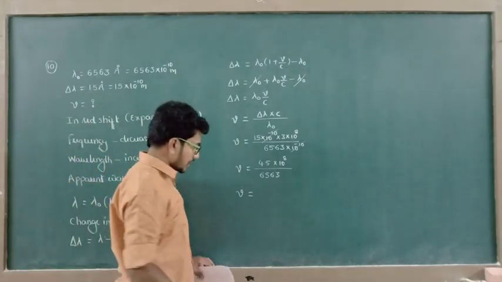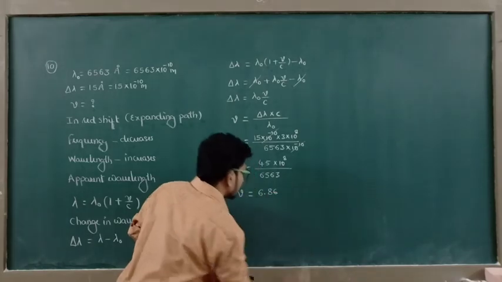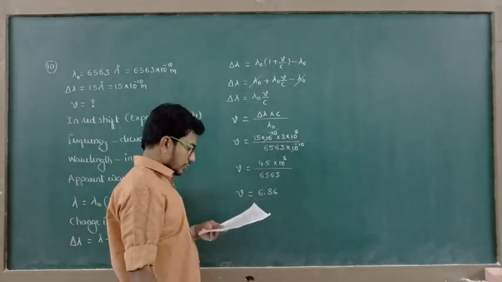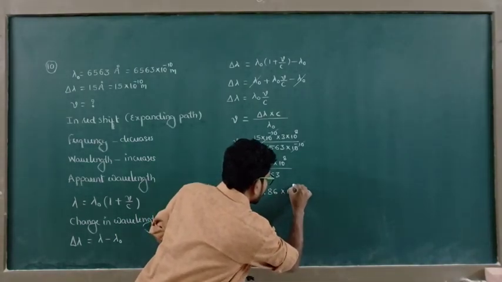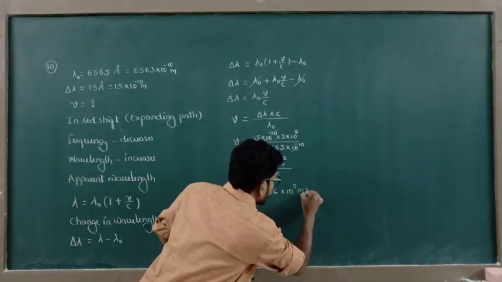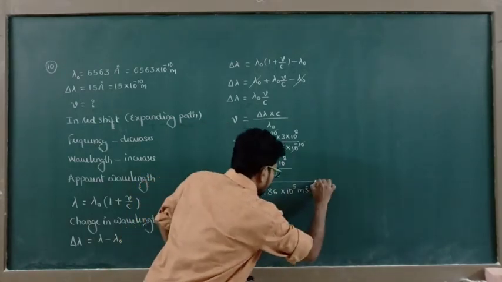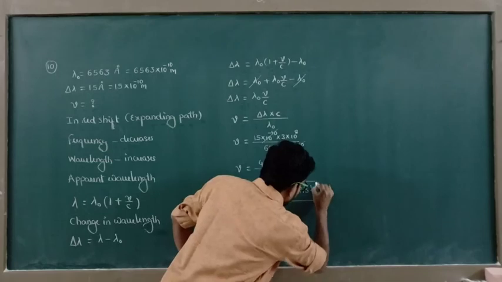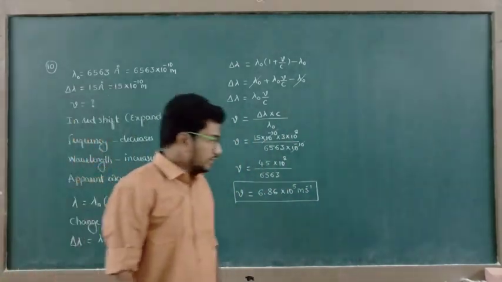So approximately here you will get 6.86 into 10 to the power plus 5 meter per second. So this is the relative velocity between source and observer.